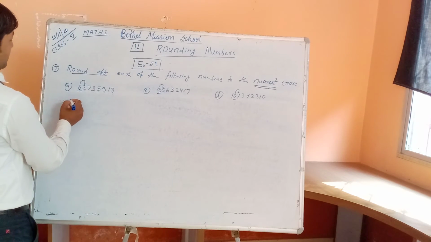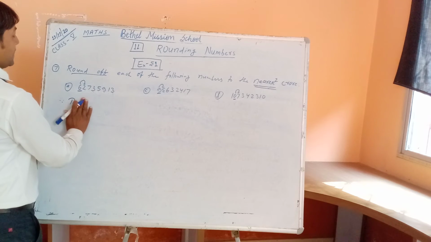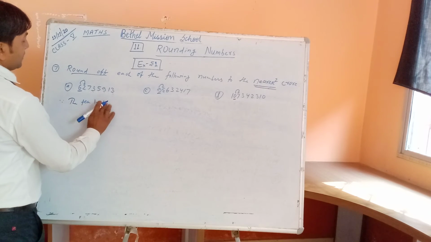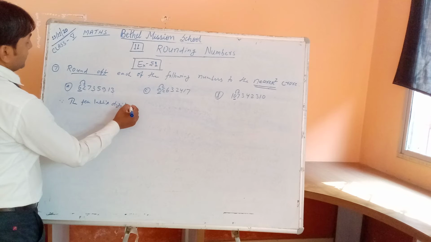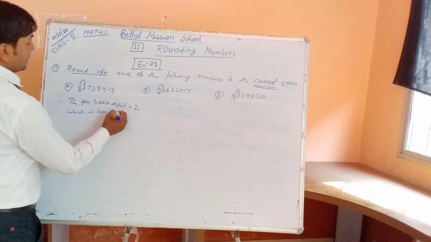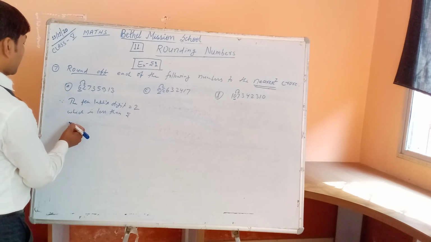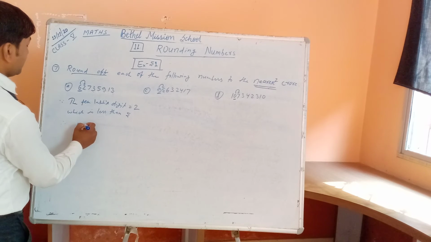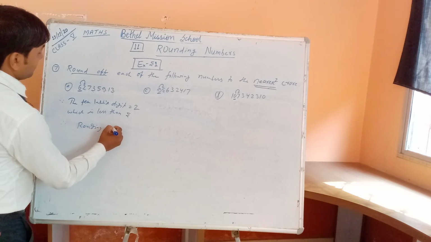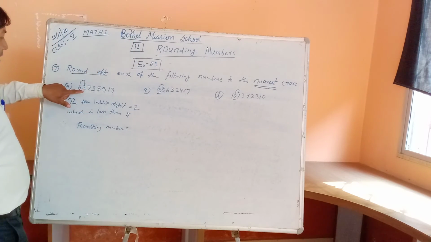So start writing. Since the 10 lakh digit is 2, which is less than 5, that's why for the rounding number, it is less than 5.